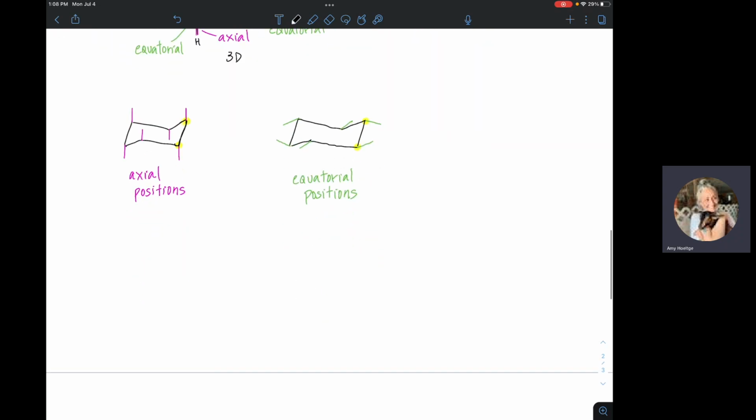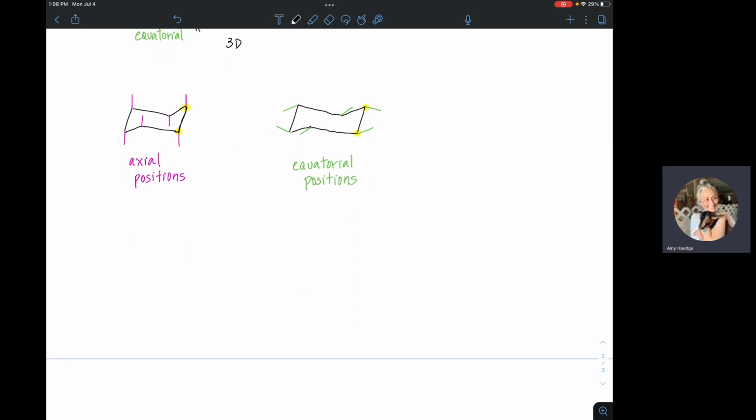So before we start talking about cis-trans isomers, let's get into different types of strain. These are the things that are going to affect the energy of your molecule. First type of strain, they call torsional strain.